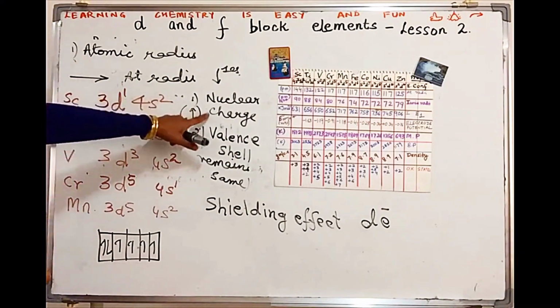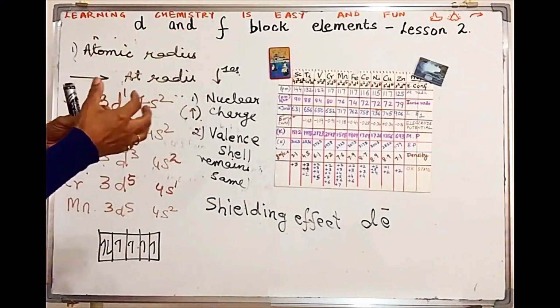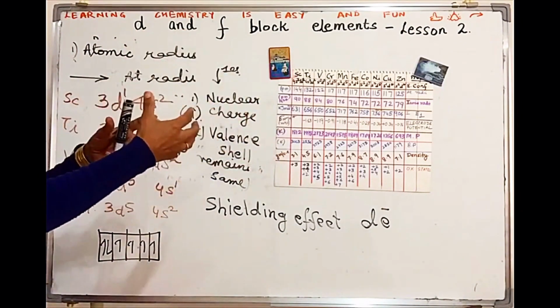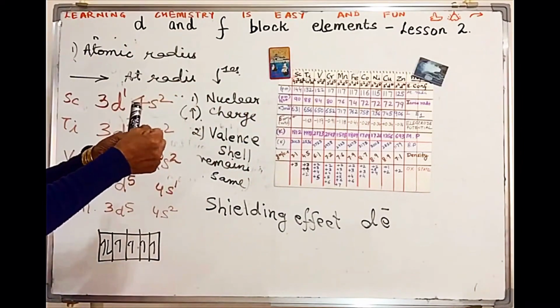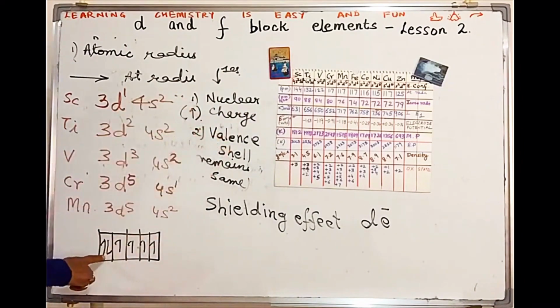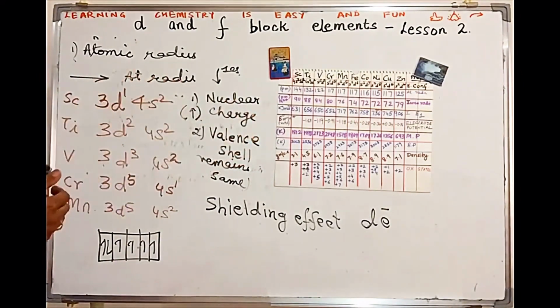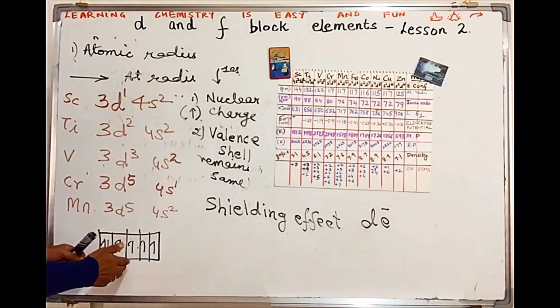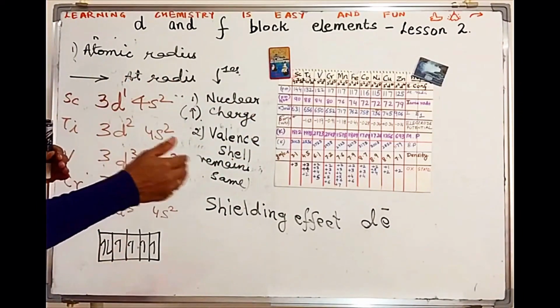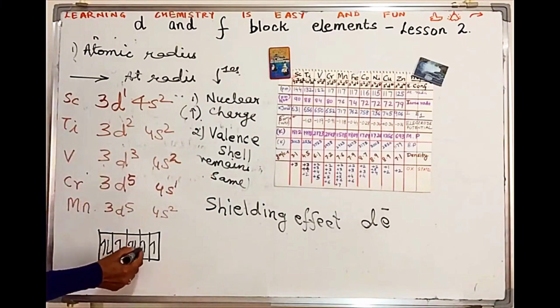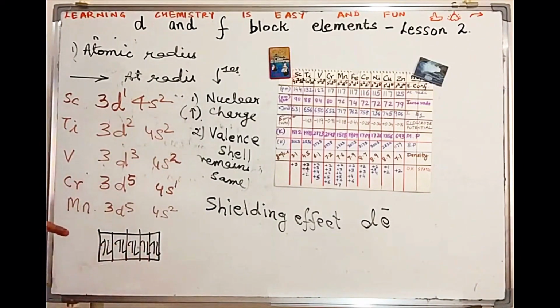You have to remember that because of the pull between the proton and the electron, that is because of the nuclear charge, there is attraction. But as we keep adding electrons, there is electron-electron repulsion as well. Because of this electron-electron repulsion, it will show a slight increase. And this becomes very prominent when all the electrons are paired up.